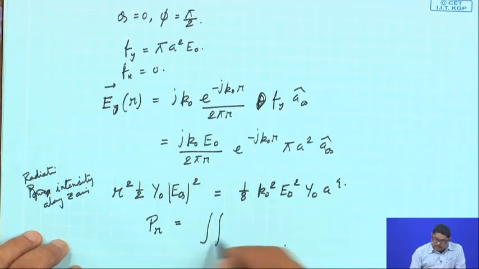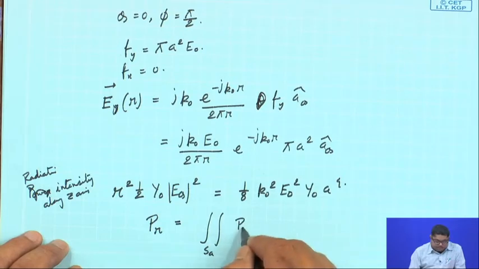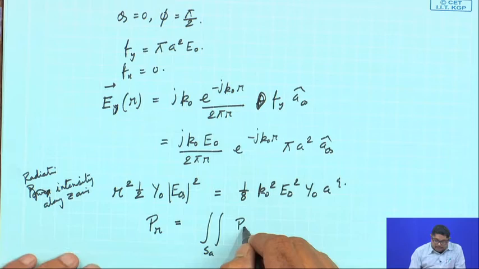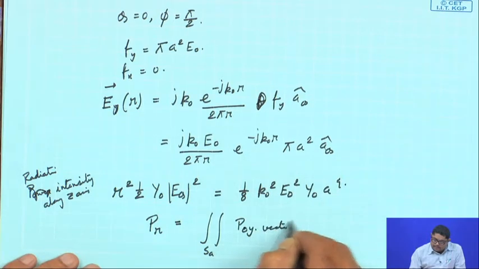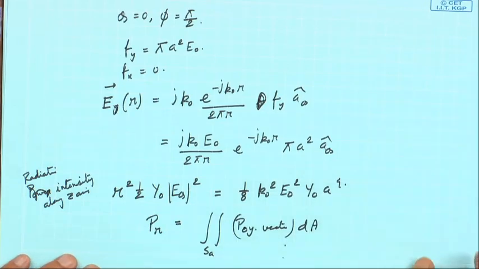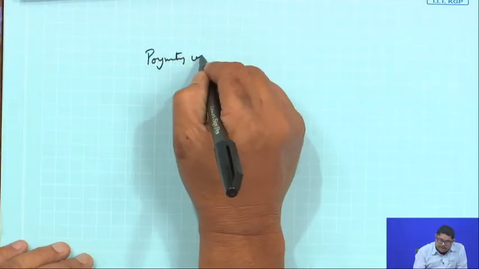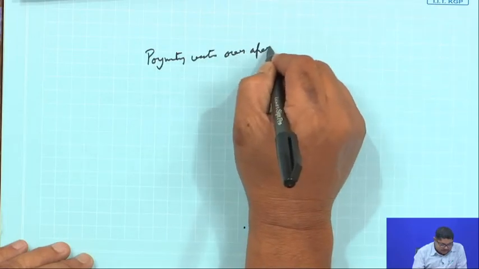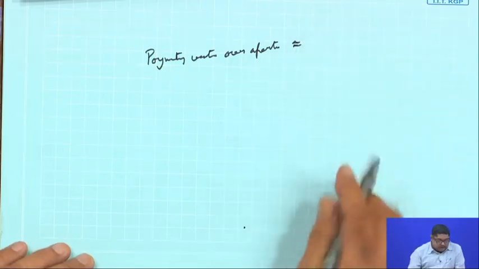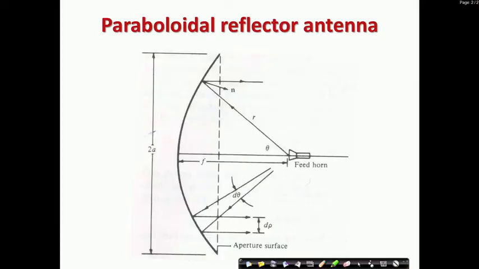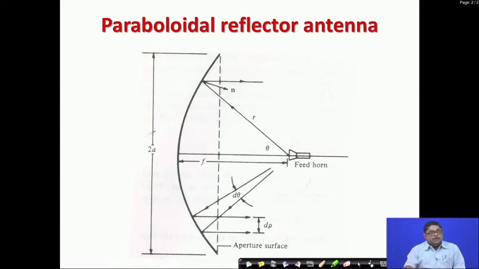Another thing we need is the total radiated power PR. For that, it will be the Poynting vector over the aperture into dA. Now, what is the Poynting vector over the aperture? Though the aperture is not very far away, we already have parallel beams, and it can be proved that the magnetic field is also like the far field, that means n cross that thing.